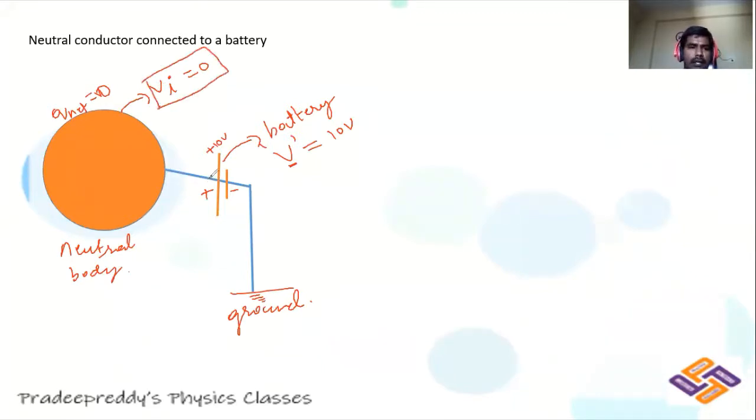Right? Therefore, as you are connecting the neutral body to this battery, in order to make the potential of this conductor 10 volt, the battery will take some charge Q from the conductor and pump it to the ground, making this neutral body charged.